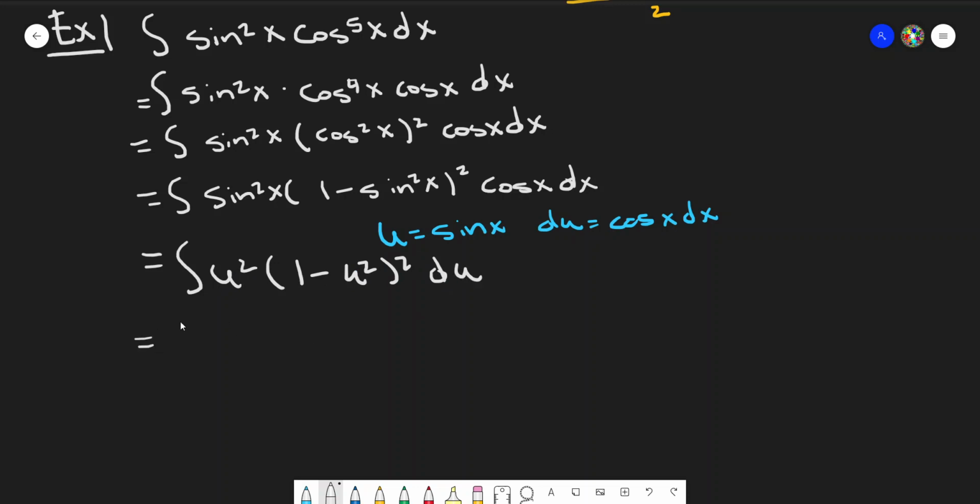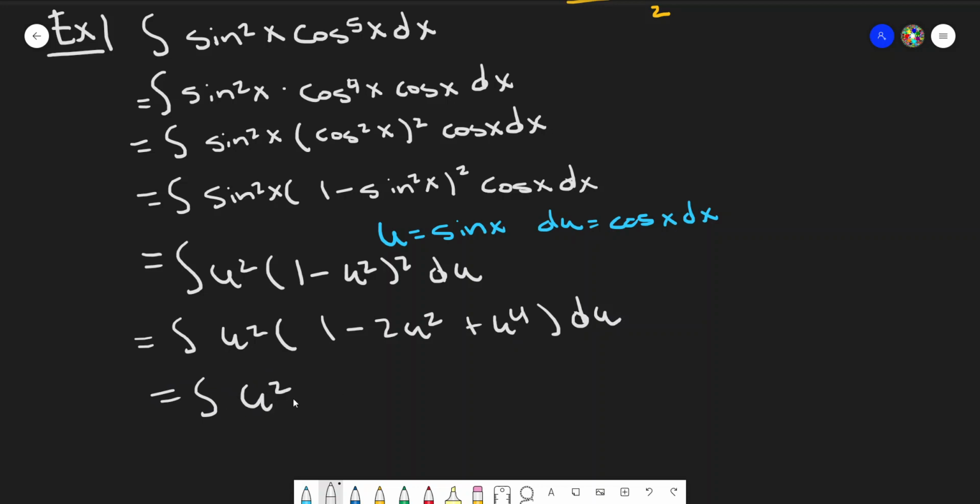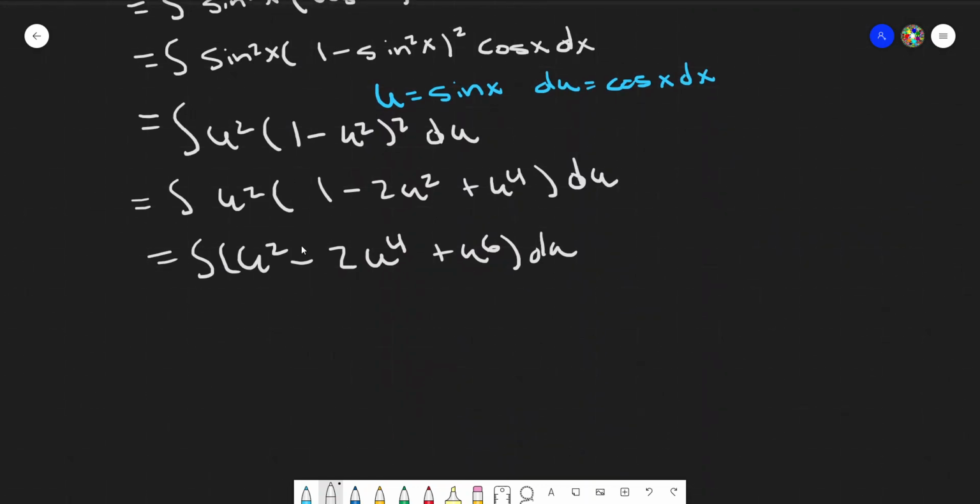So that's the integral of u squared times 1 minus 2u squared plus u to the fourth, du. From there, we just distribute, so we have the integral of u squared minus 2u to the fourth plus u to the sixth, and at this point it becomes clear that we just need to take the antiderivative by adding a power back.